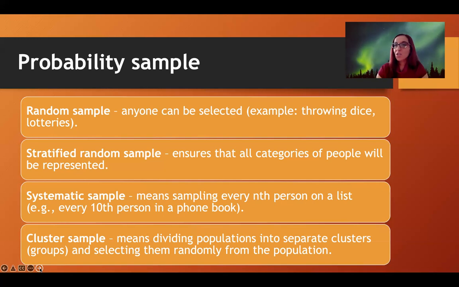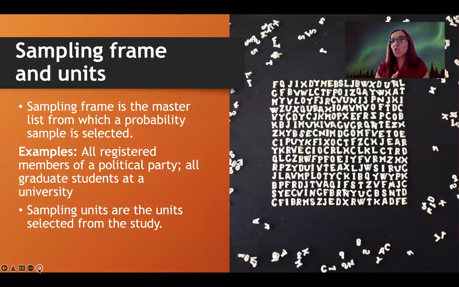So let's say your cluster is this campus, and then on campus, you find a building, a dorm from which you want to select people, and then you look at floors, rooms, and so on to like select this population from. So these are like two types of methods that you could use.